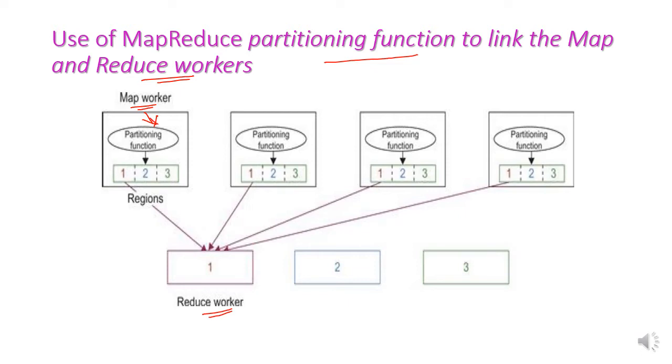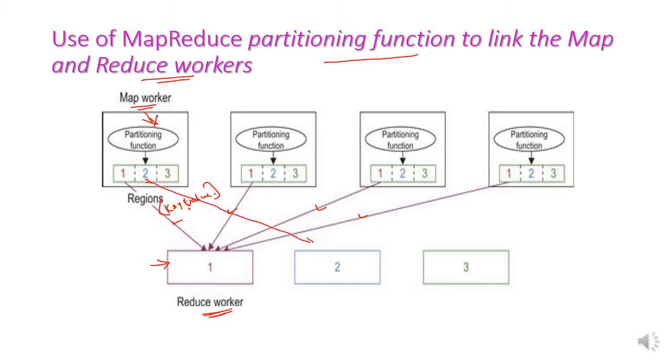Those are used to give an intermediate key value pair. Here the same key value pairs that come from all map workers will be grouped together, and those will be given to the reduce worker.